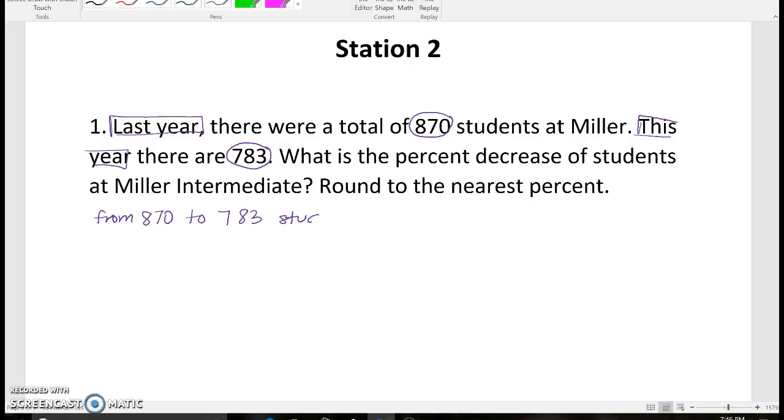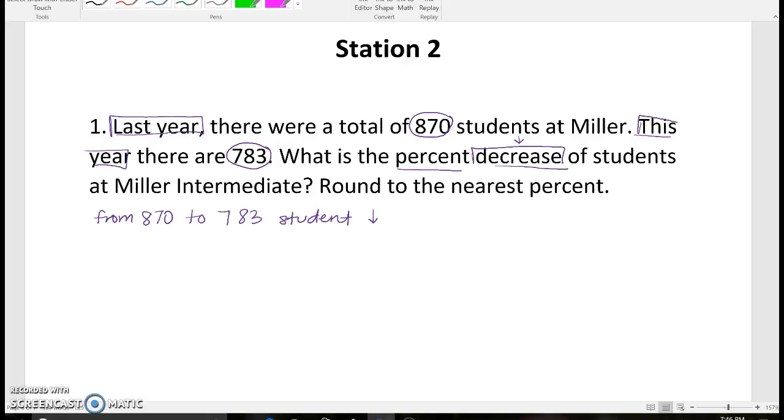And it says, what is the percent decrease? So percent decrease means it's going down, right? So let's make sure 870 to 783 is going down. Good. So it's asking for the percent decrease.